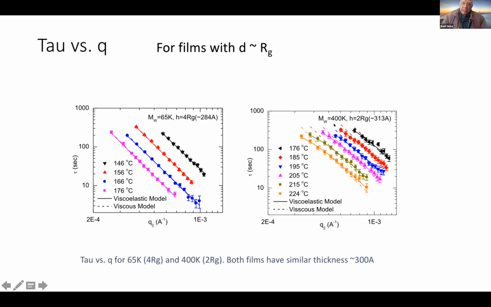Whereas in the 2 Rg case, you needed to use the shear modulus as well, due to viscoelastic effects. You had to introduce a shear modulus mu.